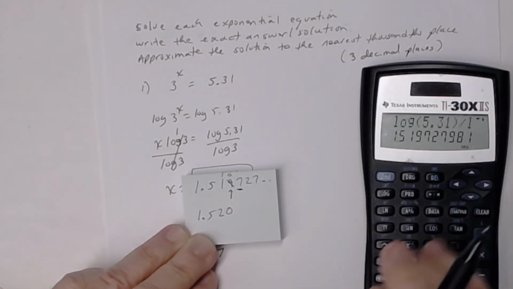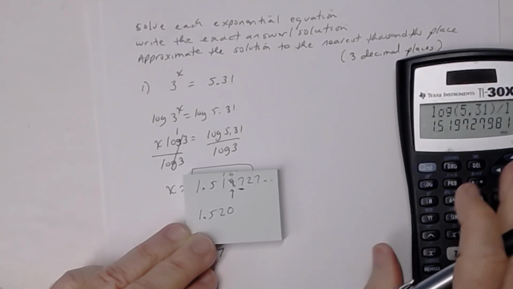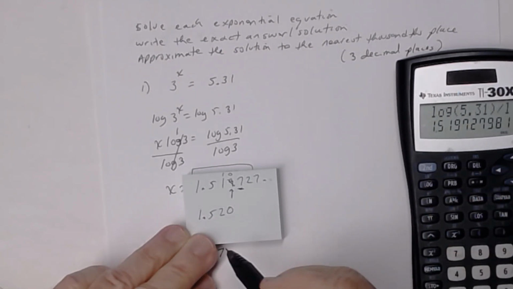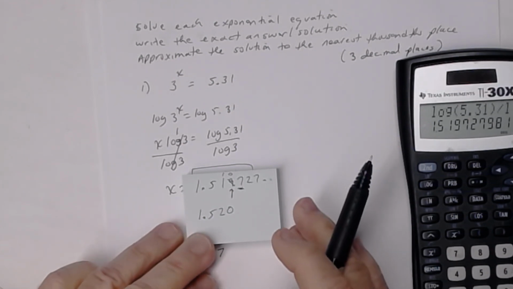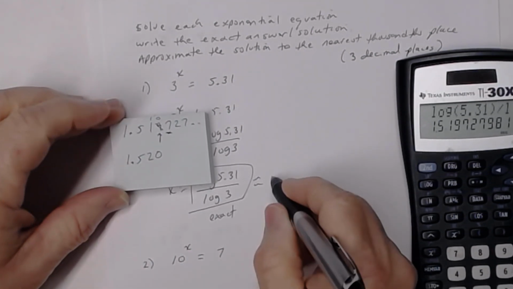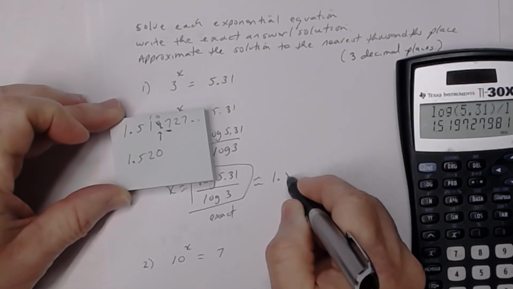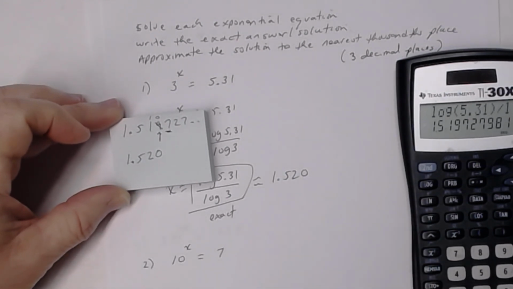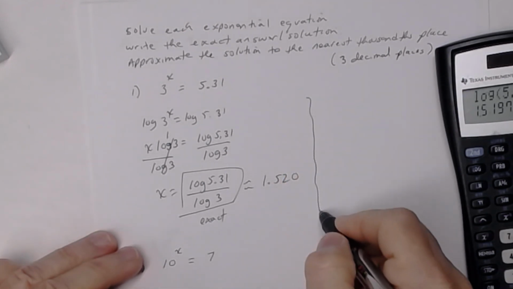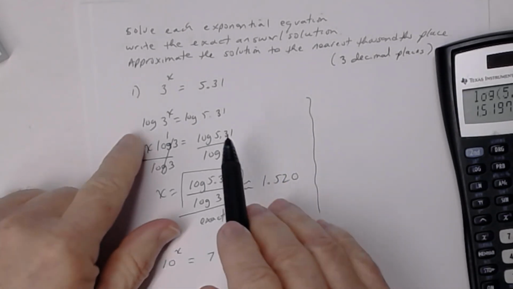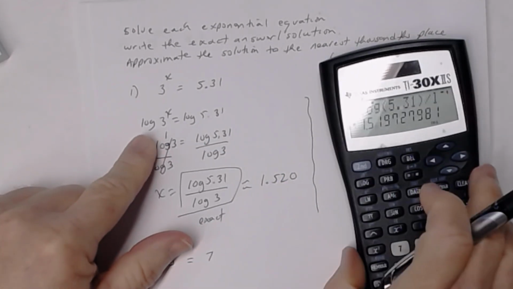Don't leave it off. Don't say 1.52. It's actually 1.520. You have to show the decimal place where it's being rounded off to. All right, so you're going to say 1.520, and that's it.